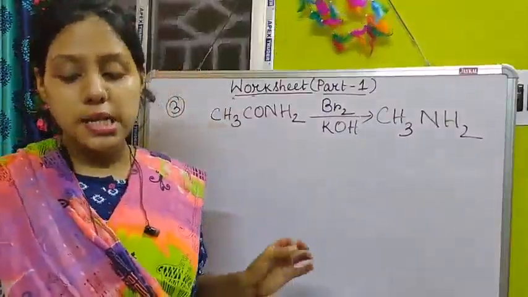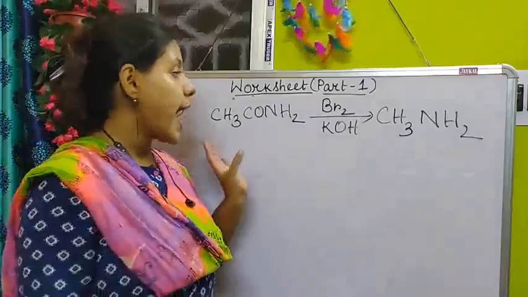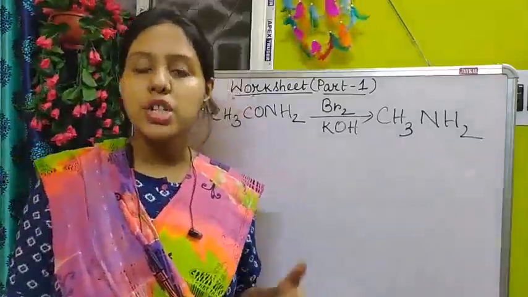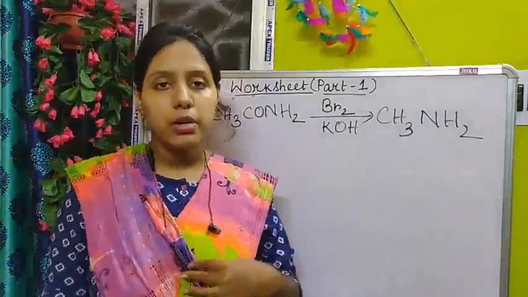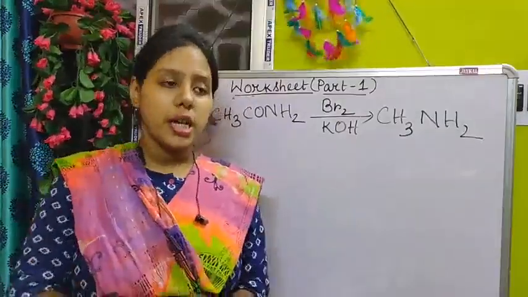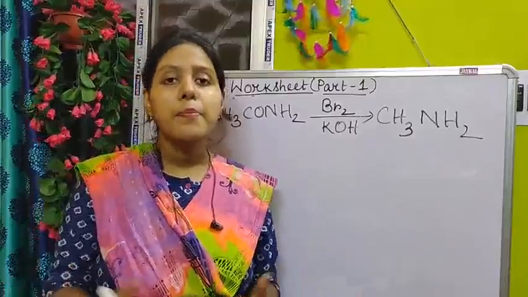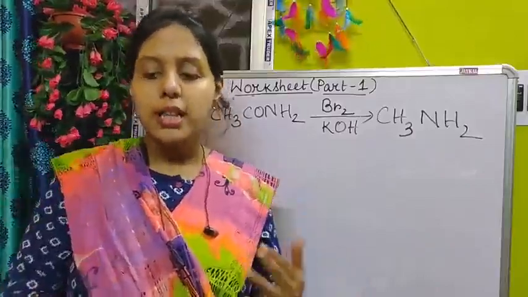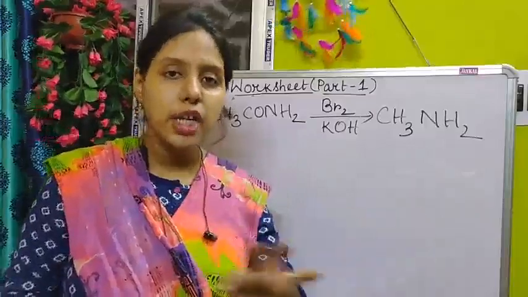Next one is number 6 that I have given, that is addition polymerization. Okay, addition polymerization we have discussed in the class of polymer. So you have to write in this way, that if you have not written or if you don't understand, then just copy my words in your note.